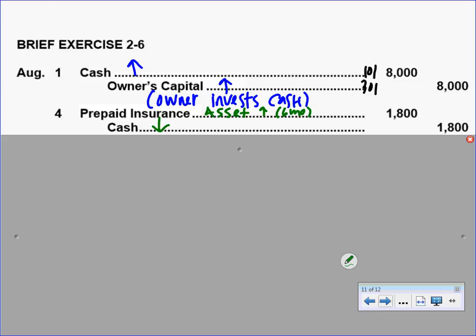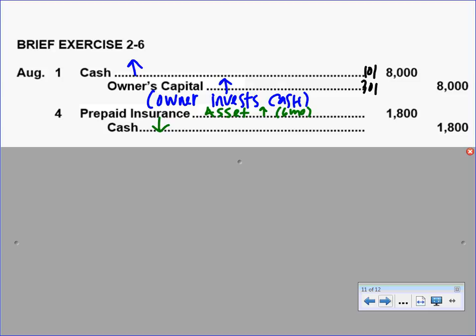Basically, one asset is going down to buy another one. That's very common. You often see that when you buy supplies with cash or you buy equipment with cash. You gain an asset, but you use another asset to do so. Okay. And then on this next line, I would say we purchased 6 months insurance with cash.